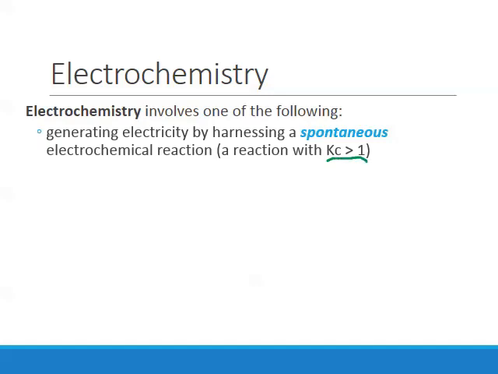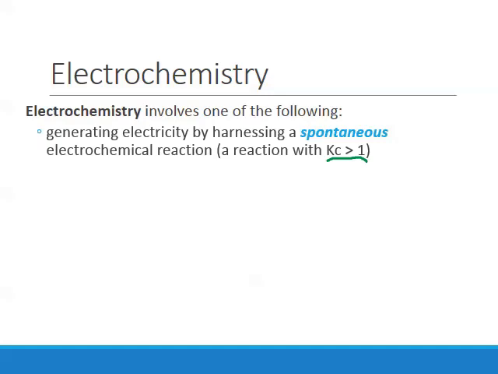A spontaneous reaction means that it has a large Kc value, and we're going to take that spontaneous electrochemical reaction and use it to generate electricity. So if you have a spontaneous electrochemical reaction, you can use it to create a battery, essentially, and that's what we're going to spend most of our time on in this unit.